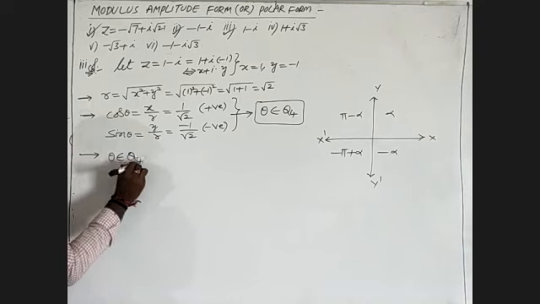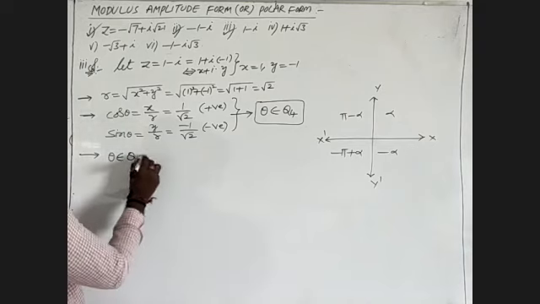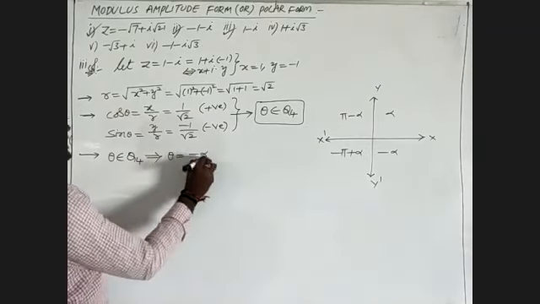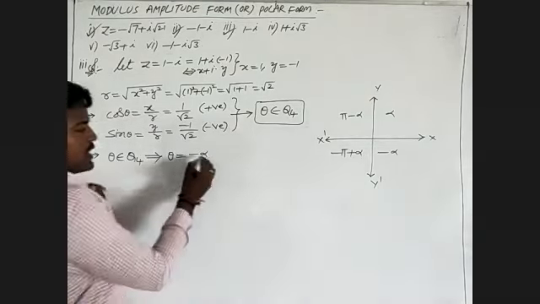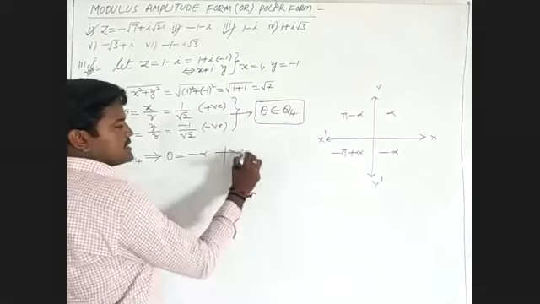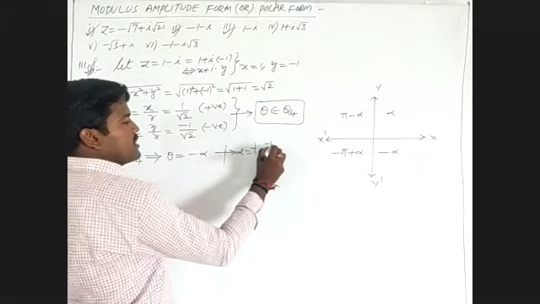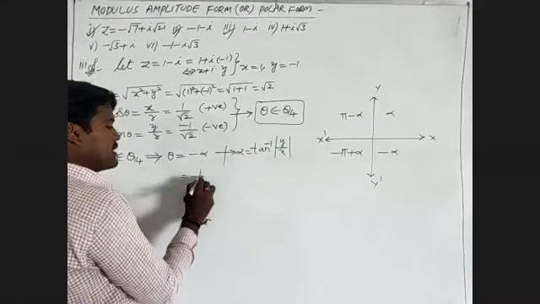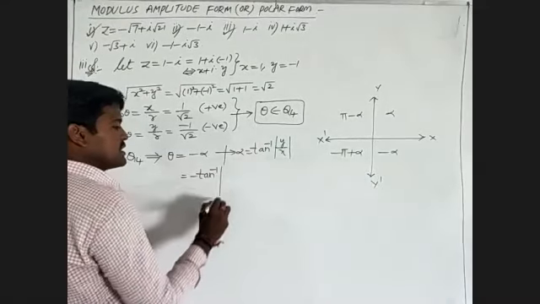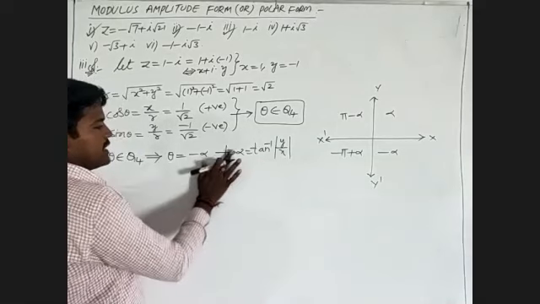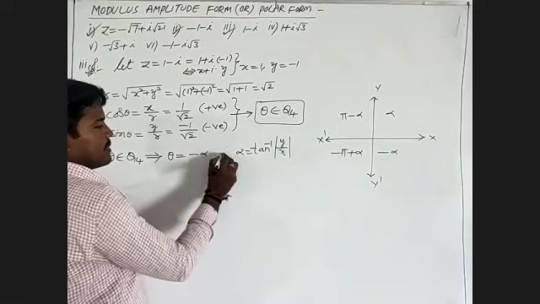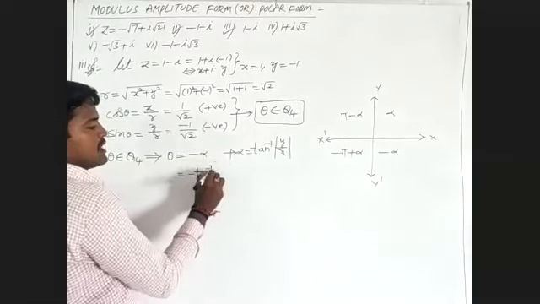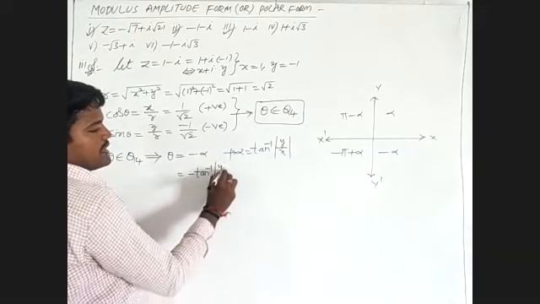Theta lies in quadrant 4, then that implies theta is equal to minus alpha. Alpha is nothing but tan inverse mod y by x, so minus alpha is minus tan inverse mod y by x.